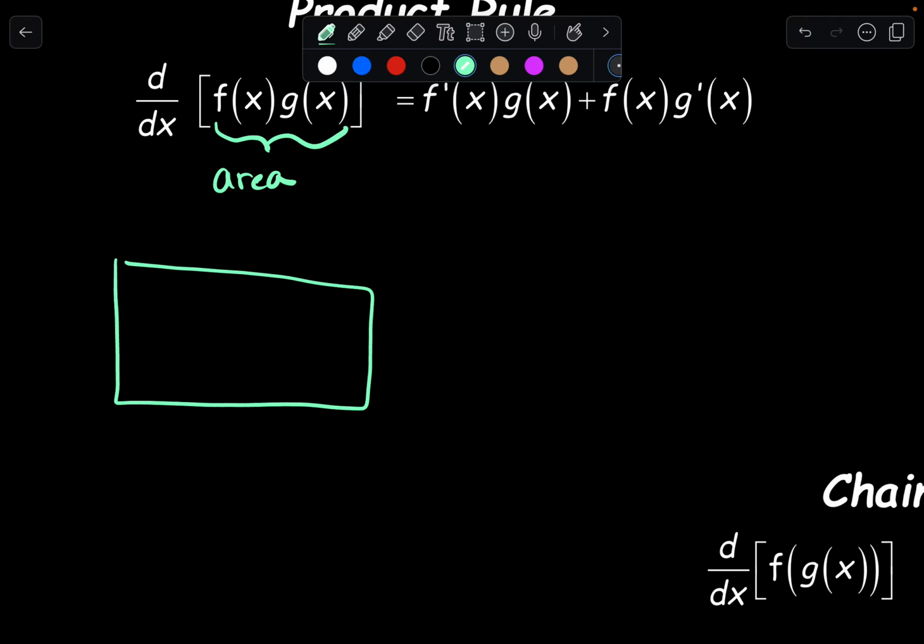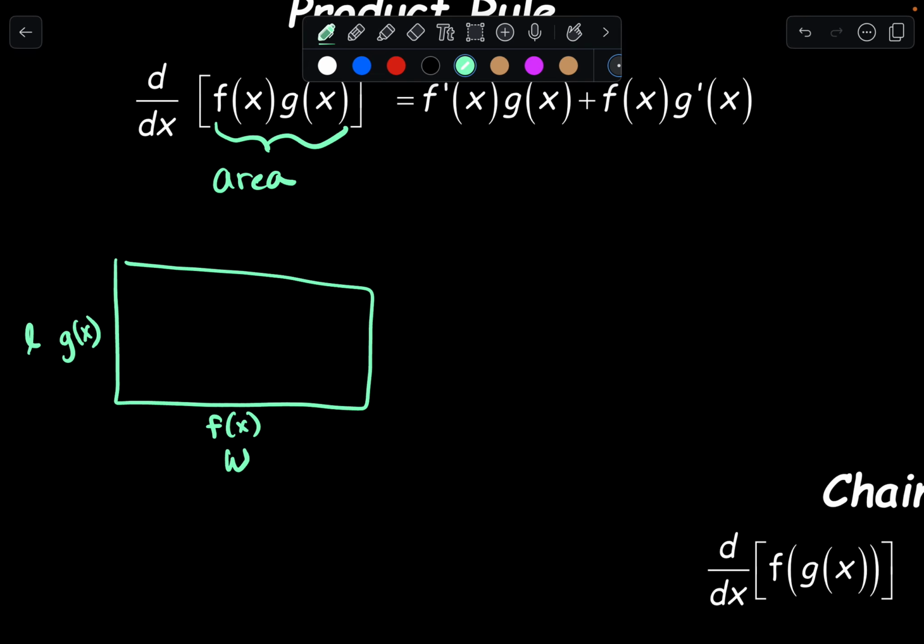Okay, so I have my length and I have my width. So for this visual, we'll call f of x the width, and then we will say g of x is the length, okay?